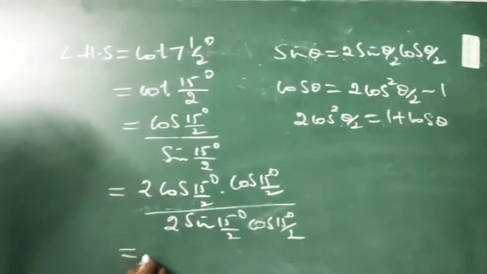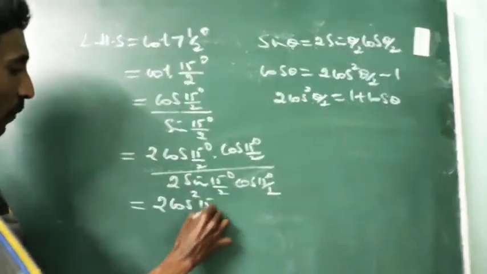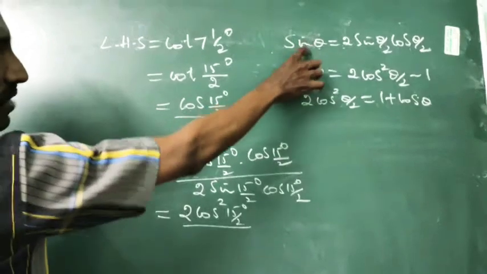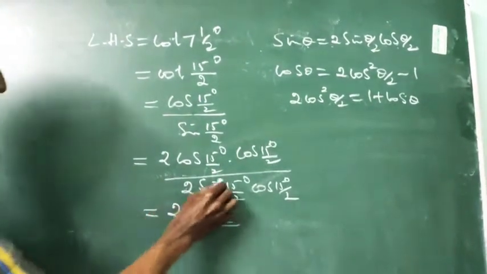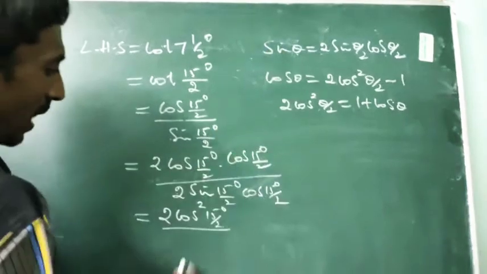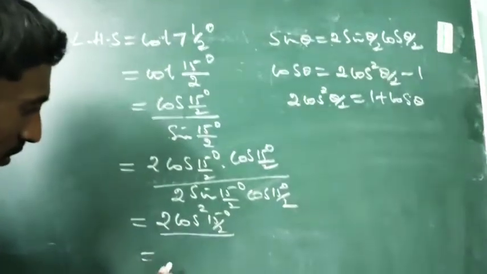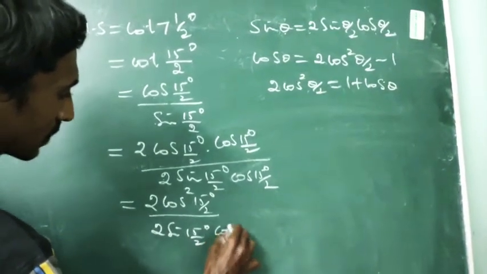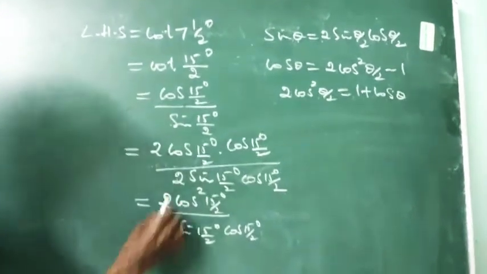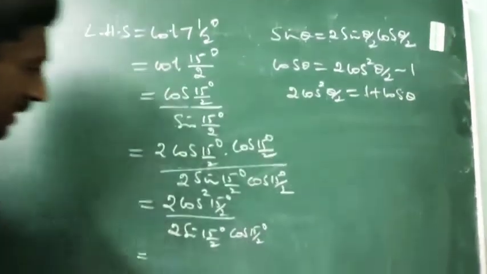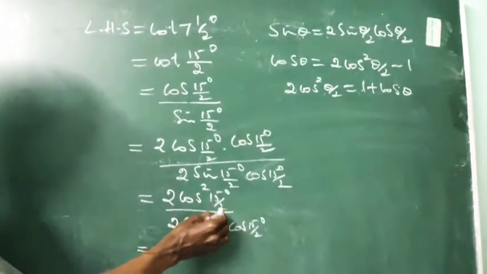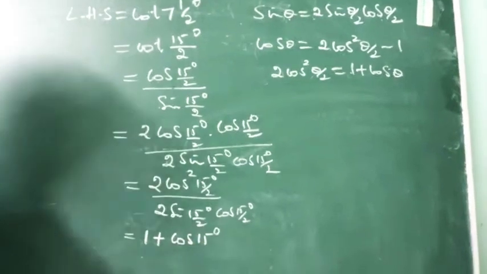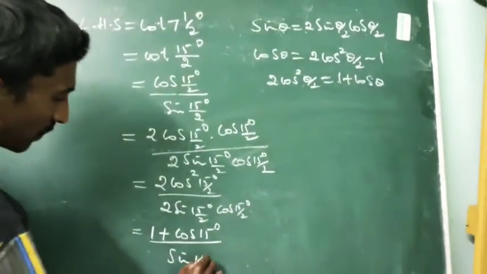The numerator is 2 cos square 15 by 2 degree, and the denominator is 2 sin 15 by 2 degree cos 15 by 2 degree, since 2 sin theta cos theta is sin theta. The numerator becomes 1 plus cos theta. Theta by 2 is 15 by 2, so theta is 15. So we get 1 plus cos 15 degree by sin 15 degree.